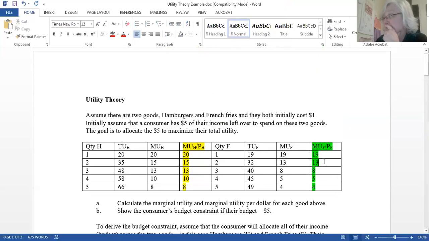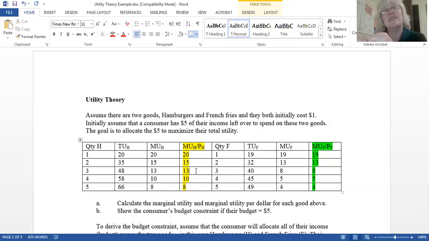Now, the fourth and the fifth look to be equal. I can get my second French fry or my third hamburger. They're both going to provide 13 utils per dollar. That's where it's equal. That's consumer equilibrium now. The marginal utility per dollar for those two units are exactly equal. And in fact, coincidentally, I can afford both, right? Because I've only spent $3 so far. I can then buy a French fry and another hamburger.